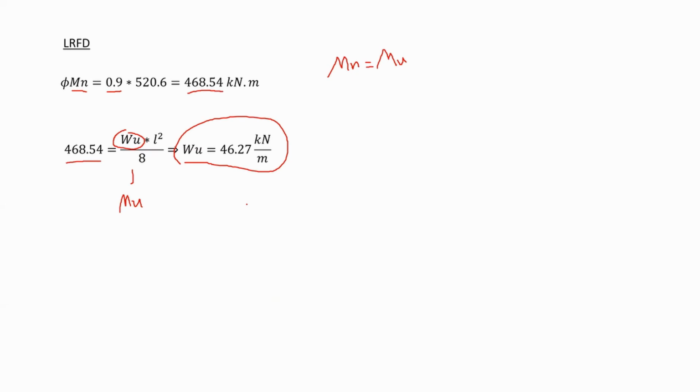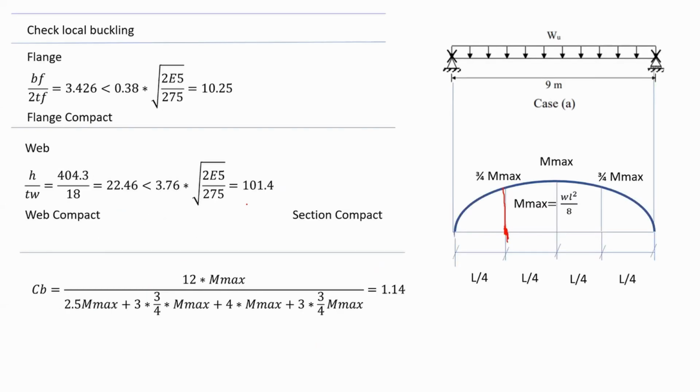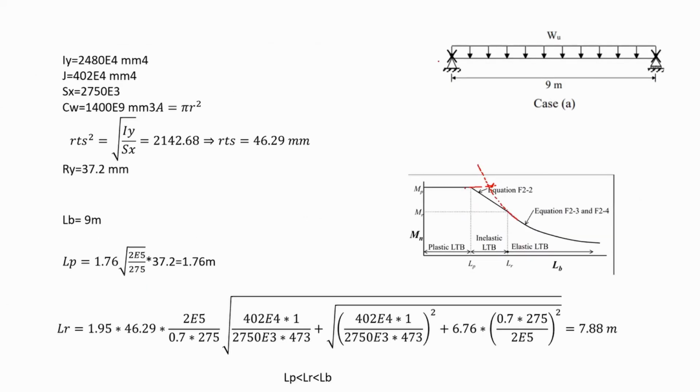Therefore, based on the lateral supports that are applied in this case, and based on IPN 500, the maximum WU that you can apply, or the ultimate distributed load, is equal to 46 point something kilonewton per meter.